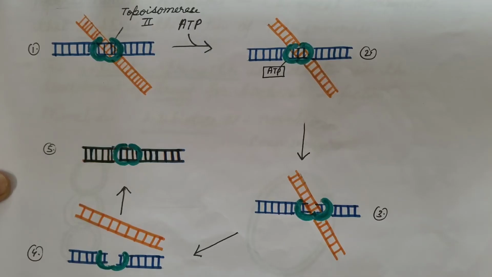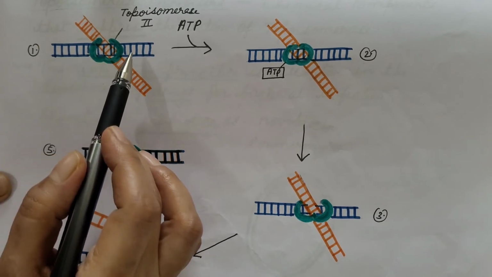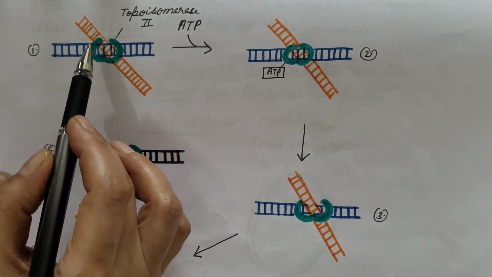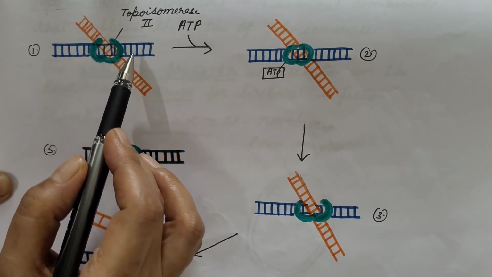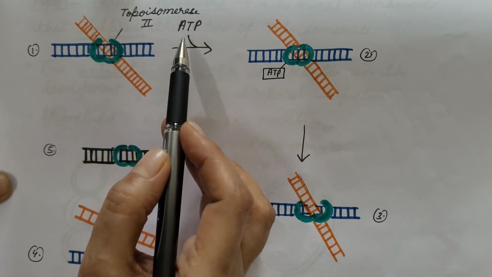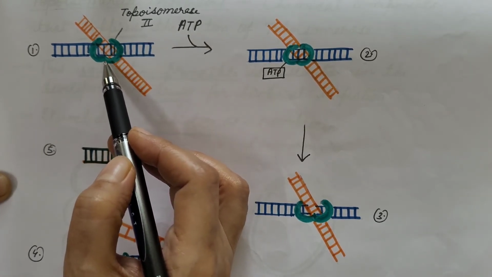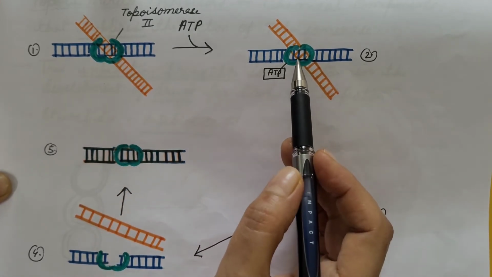Now let us understand the mechanism of action of topoisomerase 2 enzyme with the help of this figure. This is the region where two double helices cross each other. At this site, the topoisomerase 2 enzyme is activated. It requires energy for its activity, which is obtained by the hydrolysis of ATP.